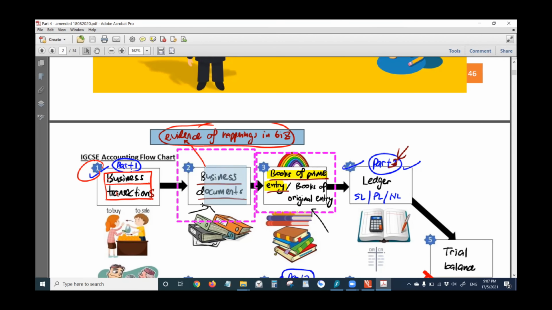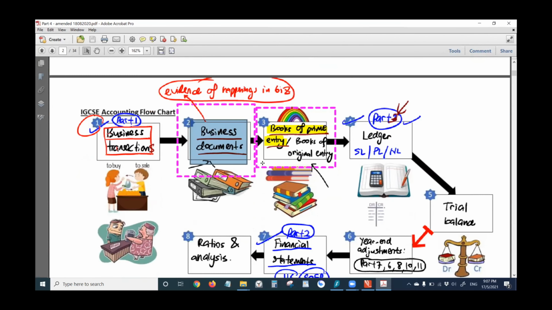That's a business document. With a business document, you don't immediately debit an account and credit an account. Instead, you record into one of the 7 books of prime entry. When you have a document, you must choose a book of prime entry to record it.